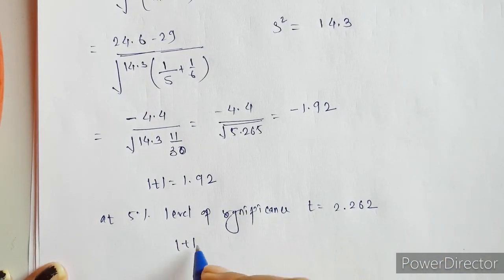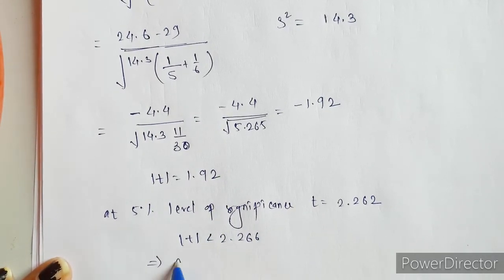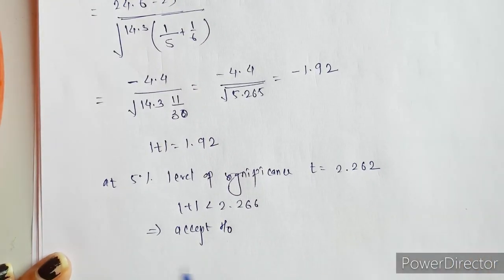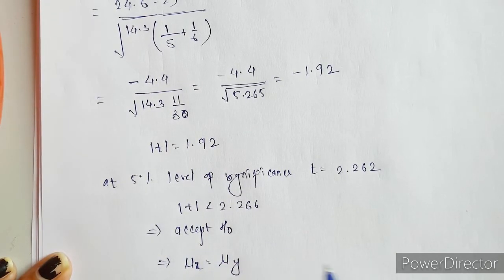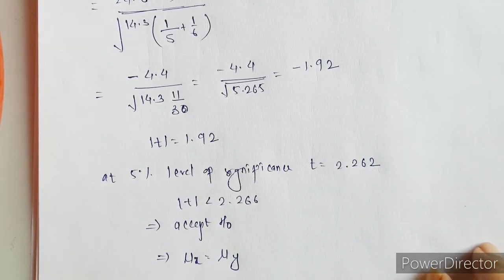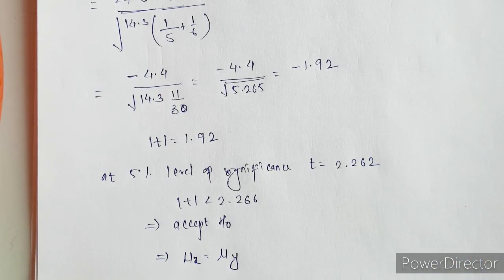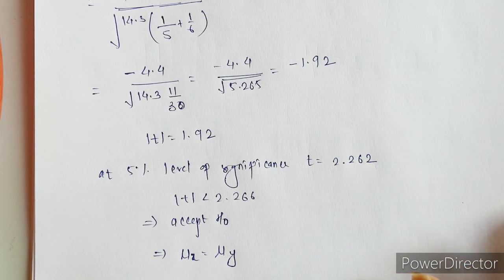And mod of t is less than 2.262. This implies we are going to accept the null hypothesis, that is, mu x equals mu y in this case. So the population mean of the first sample equals the population mean of the second sample, or in other words, both the samples are coming from different populations of the same mean.